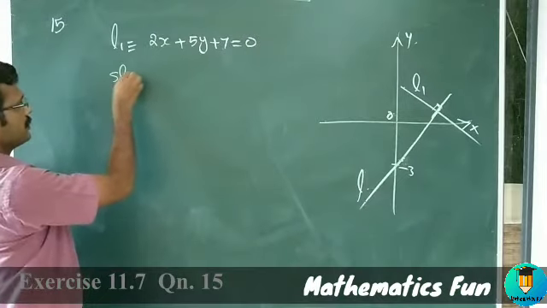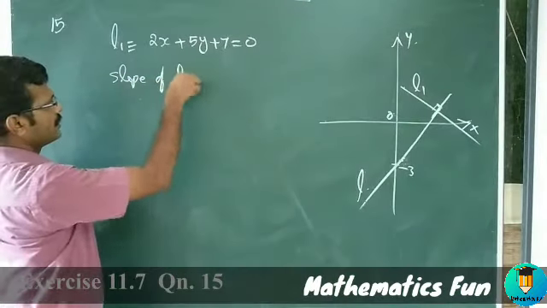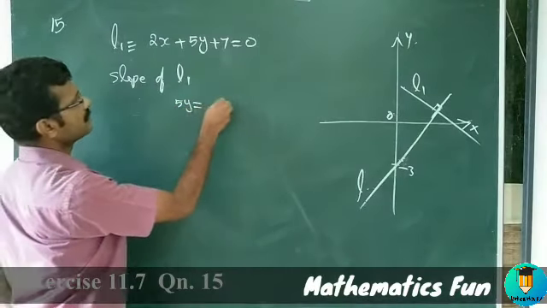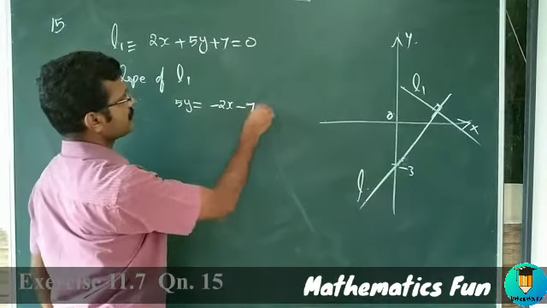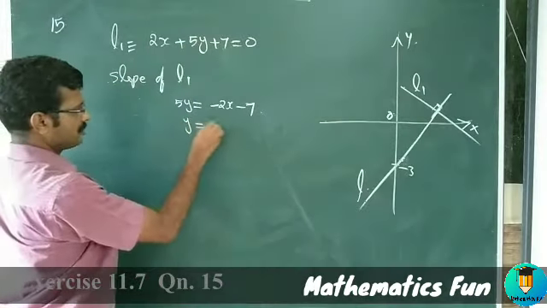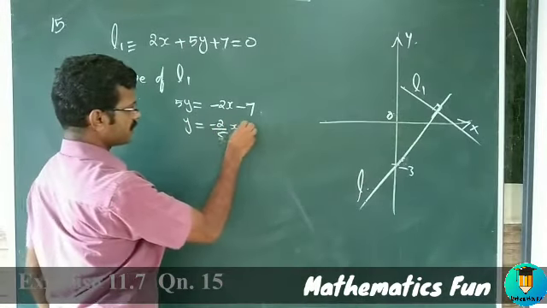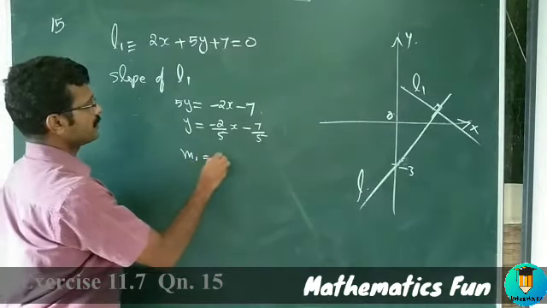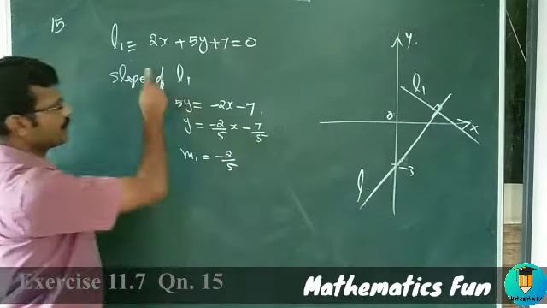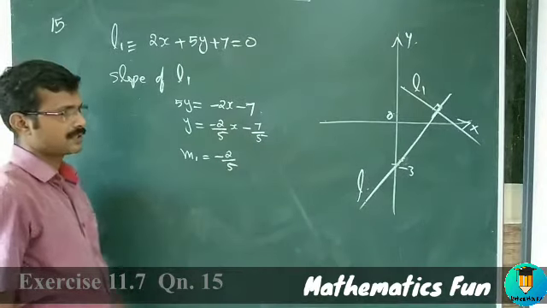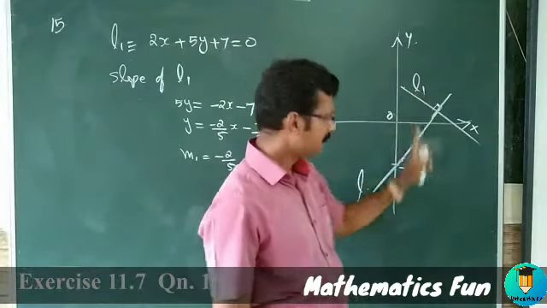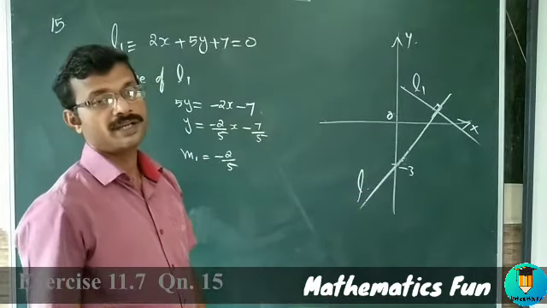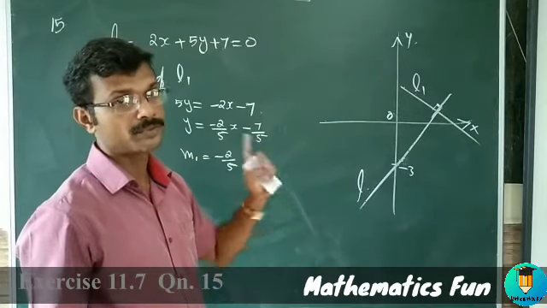I will convert it into standard form: 5y is equal to -2x minus 7, so y is equal to -2 by 5 x minus 7 by 5. That means I am getting the slope of L1 as -2 by 5. Therefore we can write the slope of L. We know they are perpendicular, and if lines are perpendicular, m1 into m2 is -1.